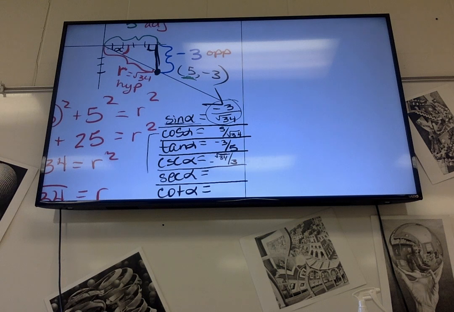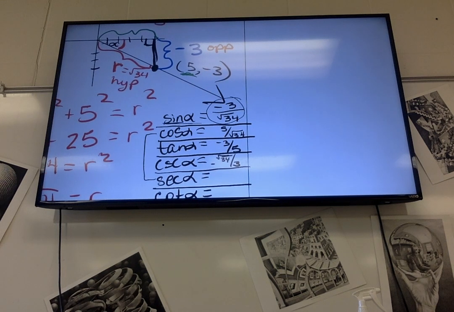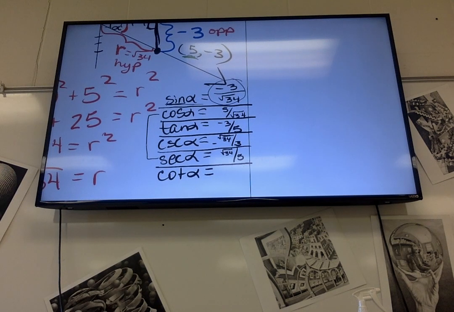It's cosine. So flip over. Oh, square root 34 over 5. And Tyler, cotangent. 5 over -3. And again, doesn't matter where you put that negative, top or bottom. Does that make sense?